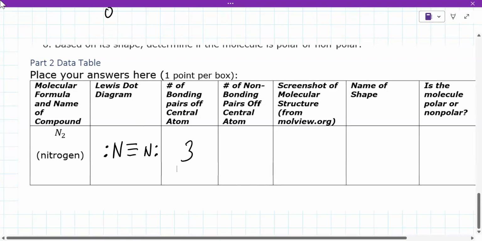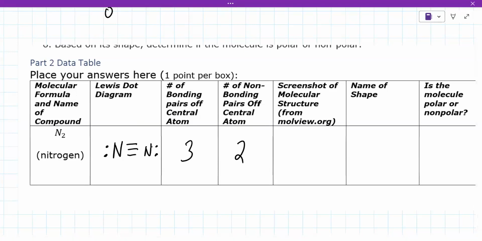And then this next one's a little bit different. It says number of bonding, non-bonding pairs off central atom. I think it's because these are the same, like these are both bonding pairs, but they're unbonded. So there's actually two. Just like everything else, nothing is perfect, it doesn't always work.